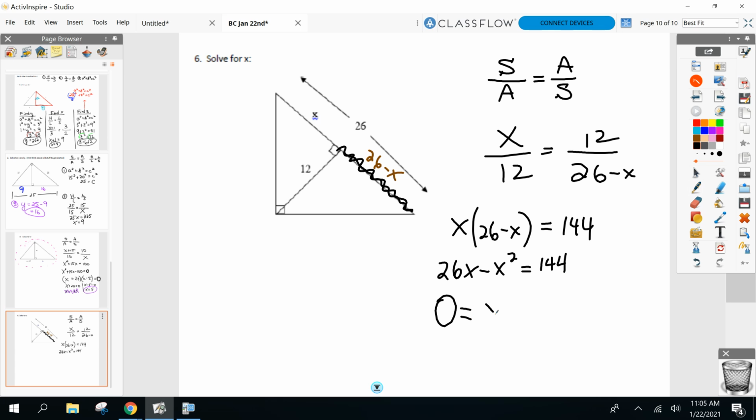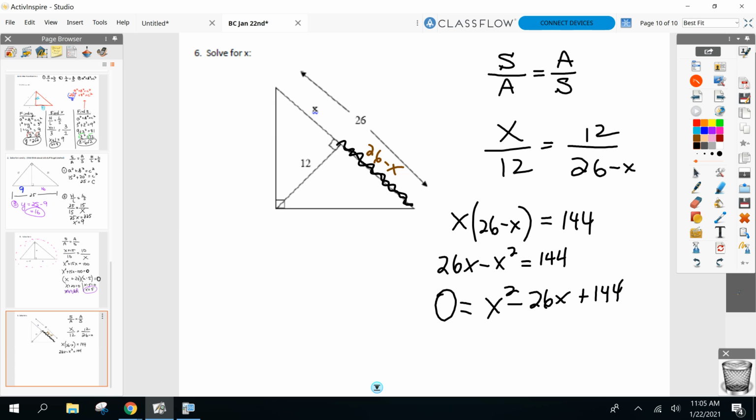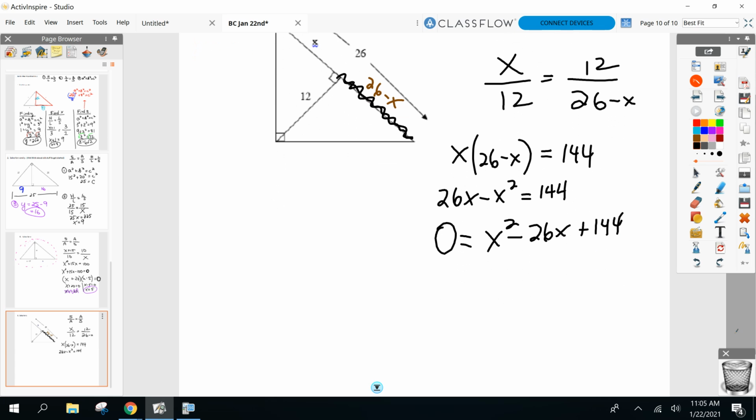So when I move it over, it becomes positive x squared. I also have to move the 26x over by subtracting it. I just asked that you put everything in a nice order: x squared, x, and then we didn't move the 144. That stays positive. I know this is not what you're going to like, but hey, welcome to honors math.